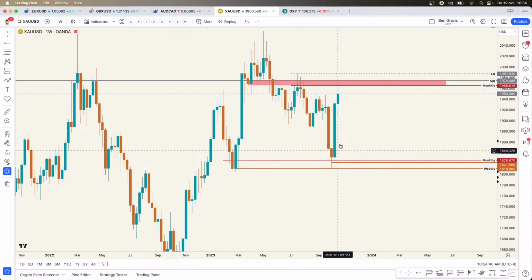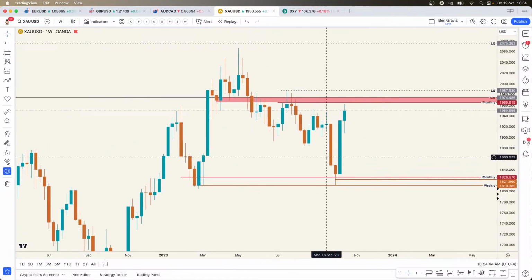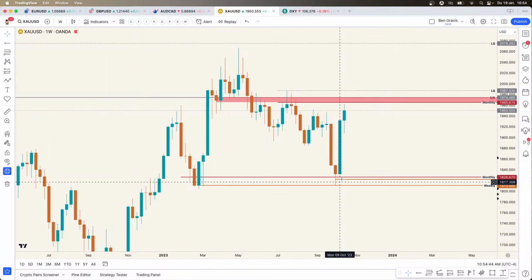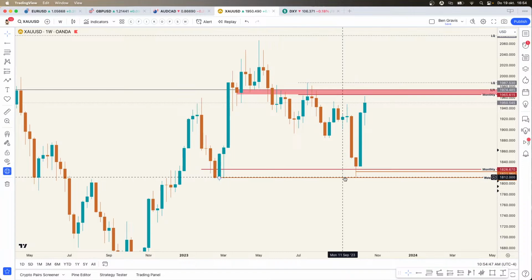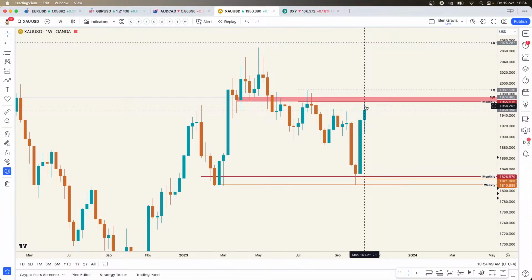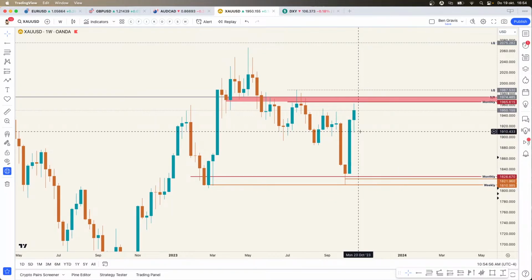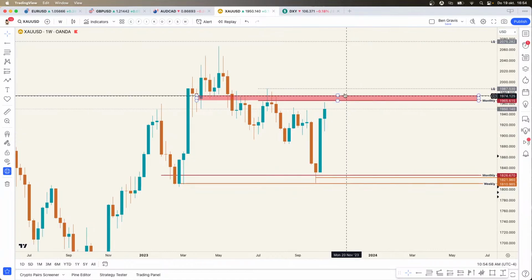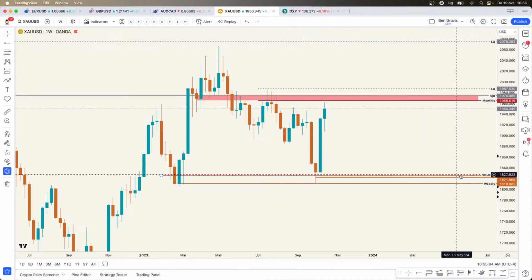That's why I was looking for that up move. I was saying on Twitter, I'm looking for an impressive, a powerful candle to the upside, because there is no resistance in this down move, so it can quickly move higher. So that is potentially a short in here, but for now, no trade.